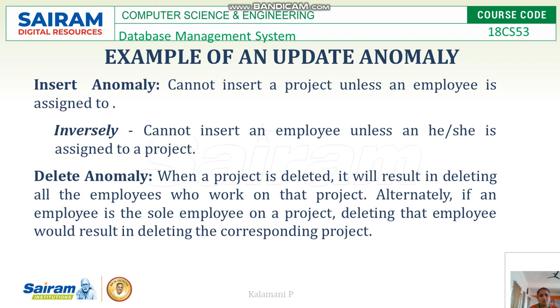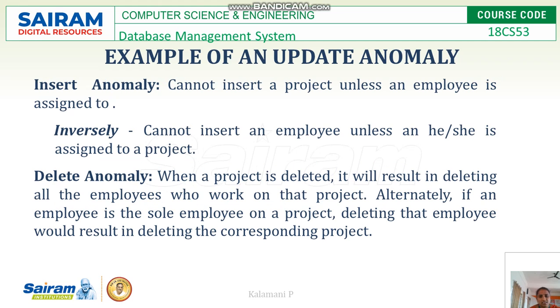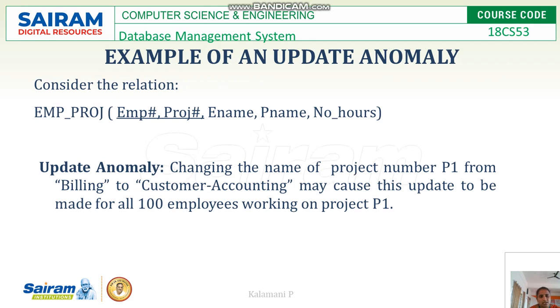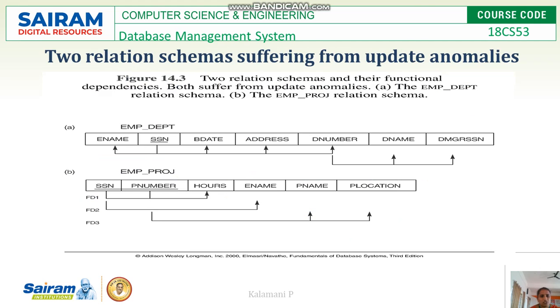Then insertion anomalies. Suppose a new employee has joined, but no project is assigned yet, we can't insert the data, because employee ID and project ID together form a composite primary key. This is the insertion anomaly. Then the deletion anomaly: when one particular project is deleted, the corresponding employees working on that project are also removed. This is the deletion anomaly. So these are the problems we are going to face.